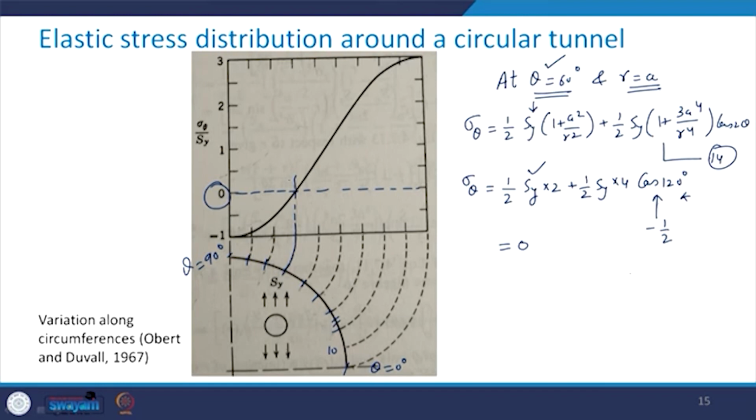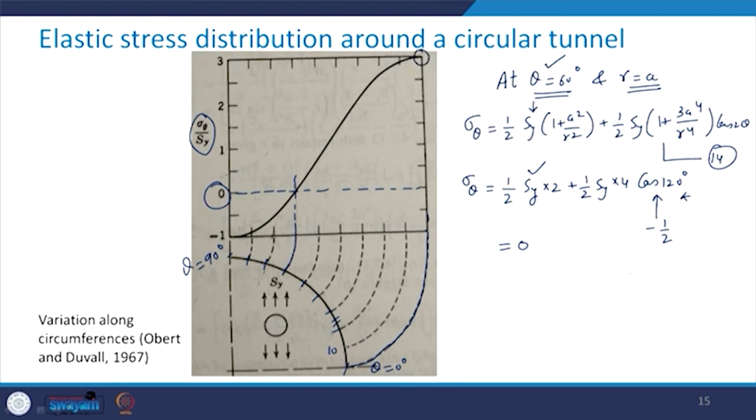Now, at theta equal to 0, you have seen that sigma theta upon Sy works out to be 3. That is what has been shown here in this figure. At theta equal to 0, take the projection and go along this line and see this point.